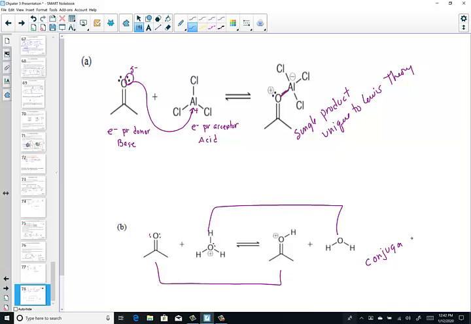I have conjugate pairs. I'm going to fall back to my Bronsted-Lowry and say conjugates differ only by the absence or presence of a hydrogen, and the one with more hydrogen is always the acid. So that ketone must be the base. This hydronium is acting as an acid, forming its conjugate base.